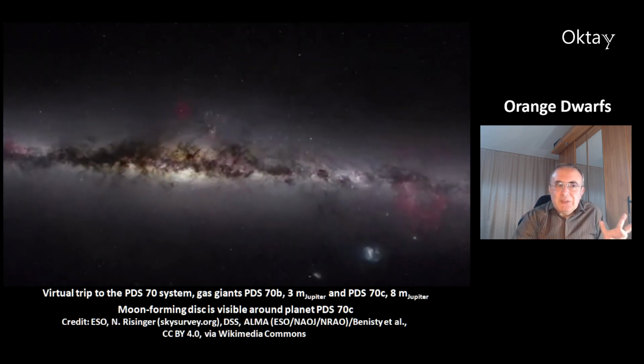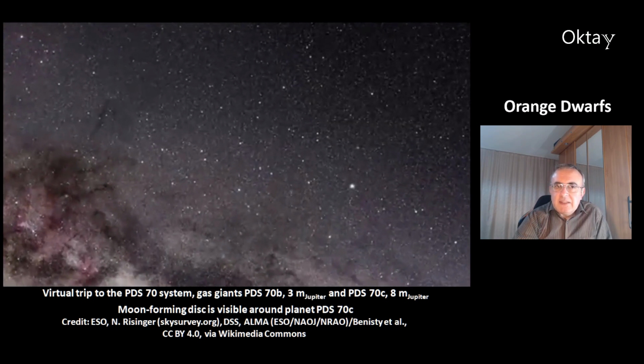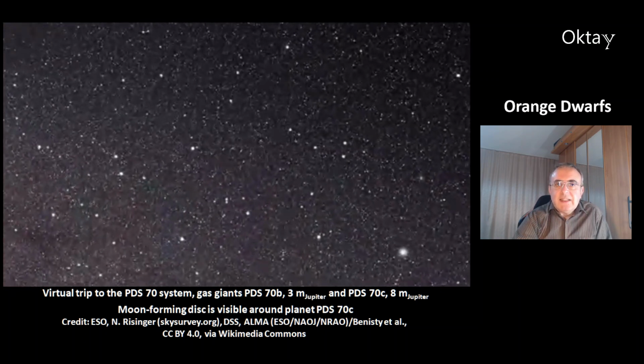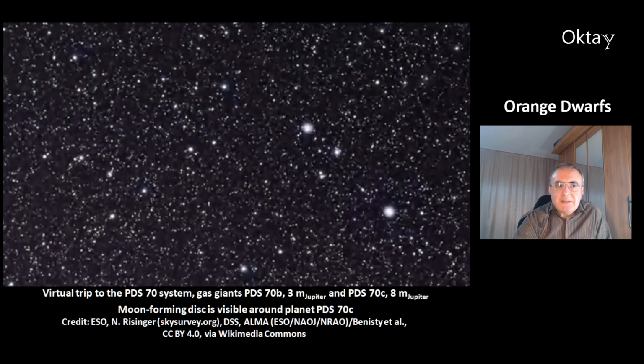This is a virtual trip to the system PDS 70. You will see the gas giant PDS 70b with 3 Jupiter masses, and there's another gas giant PDS 70c with 8 Jupiter masses.